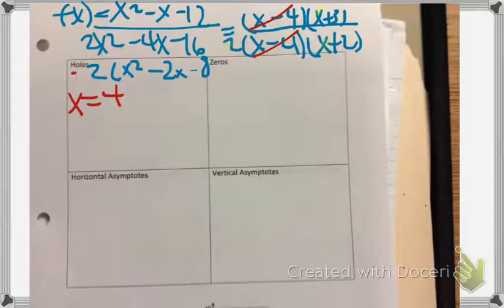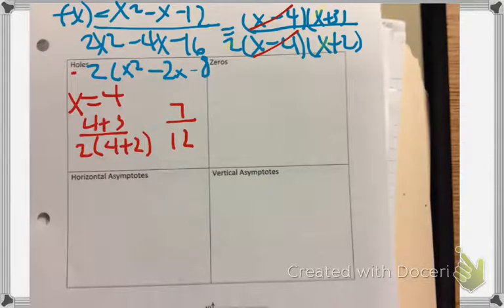All right, so instead of x plus 3, we would have 4 plus 3 over the 2 times the 4 plus 2? Yes. So 4 plus 3, 7 over 4 plus 2 is 6, and 6 times 2 is 12, so we would have 7 over 12. Okay. So that gives you a hole in your graph at 4 and 7/12.